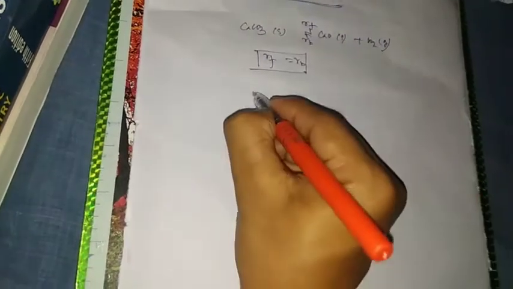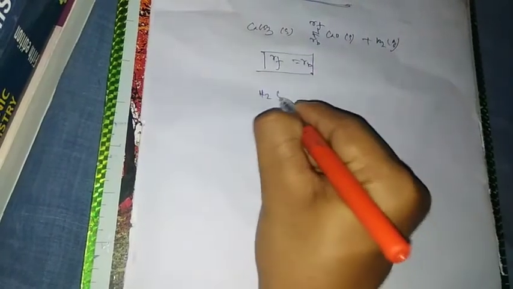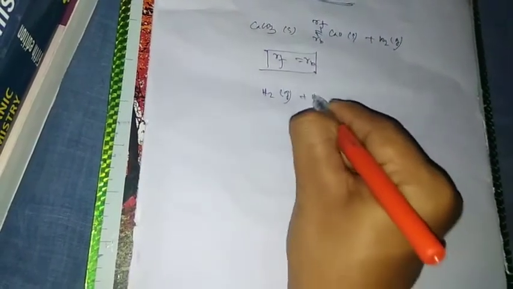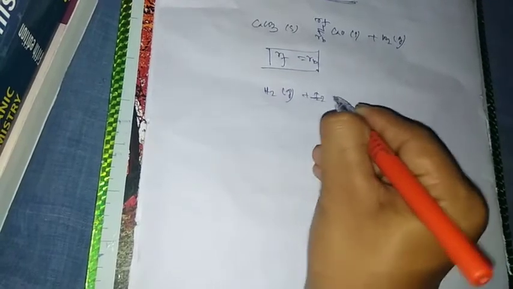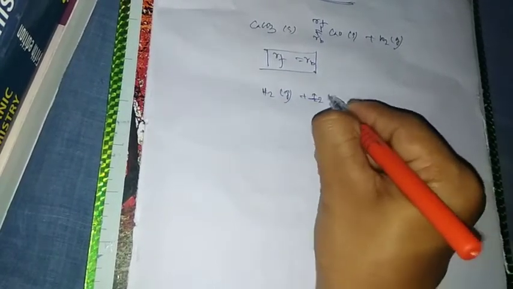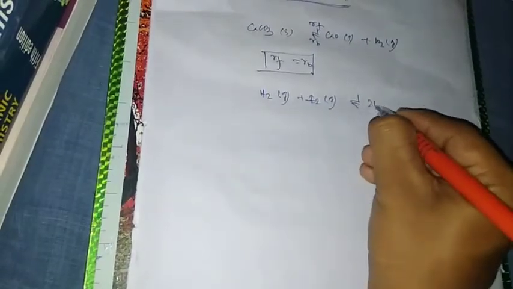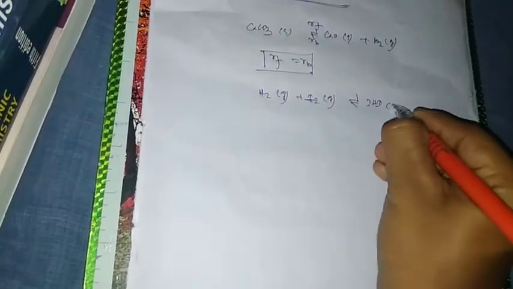So if we consider this reaction, hydrogen plus iodine reacts with each other and produces hydrogen iodide.